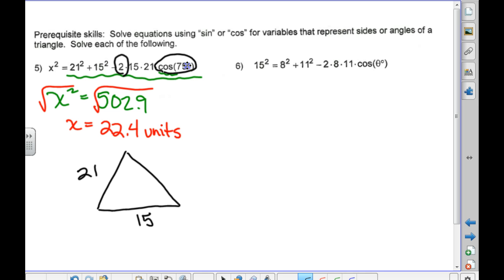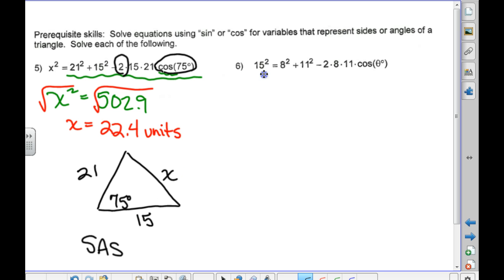That angle, in order to use the law of cosines, has to be the angle in between those two sides. So this is kind of a side angle side situation. Remember that from geometry? Two sides and an included angle. Okay? And what the law of cosines helps us find is the opposite side. Right? Law of cosines helps us find the opposite side.